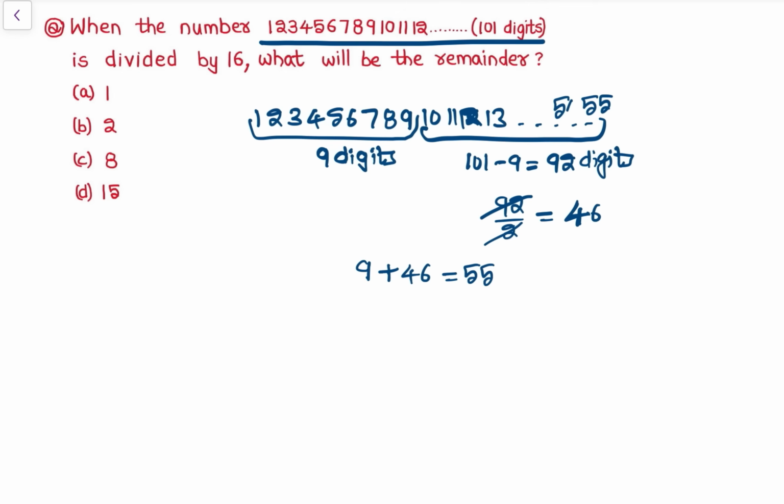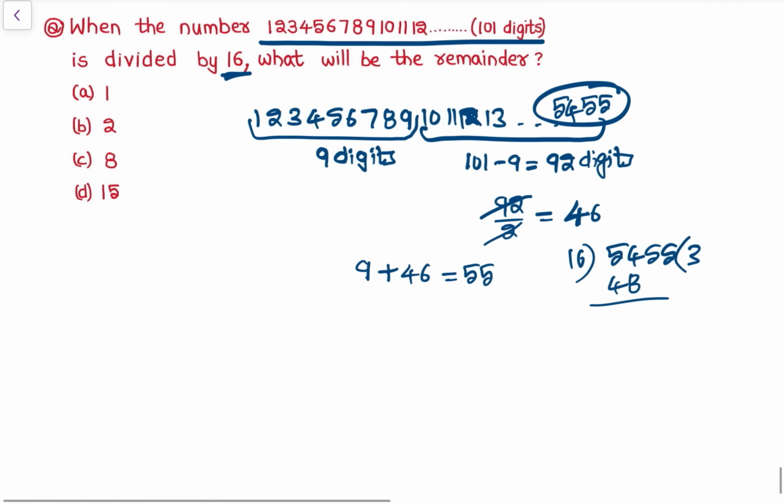Then 54 and 55 are the last 4 digits, for 16. So 5455 divided by 16. 16 threes are 48, and then 16 fours are 64, and the remainder is 15.